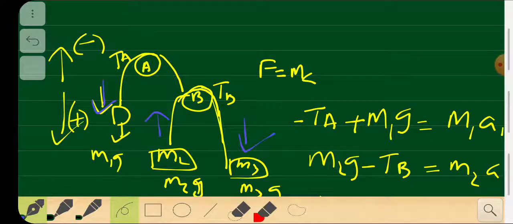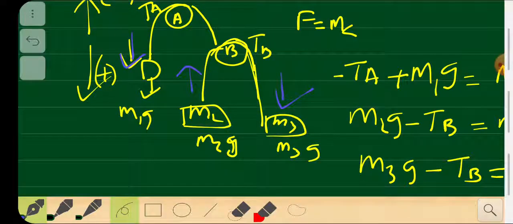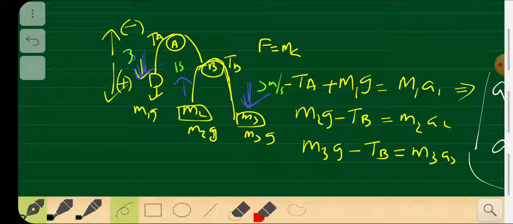So you can predict it just by looking at this equation. So this will go down, up, and down, with approximately 3 meter per second square, this goes up by 8 meter per second square, and this goes down by 3 meter per second square. That's exactly what is happening.